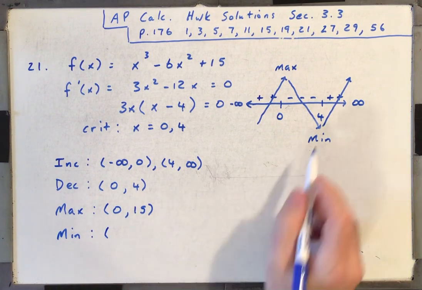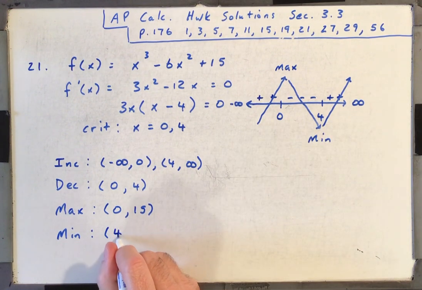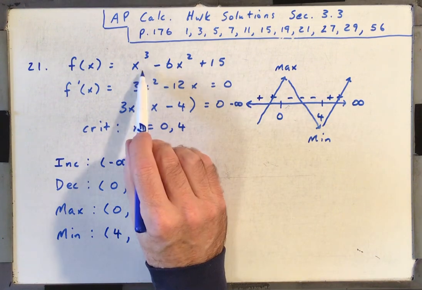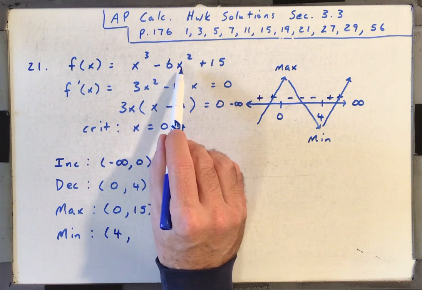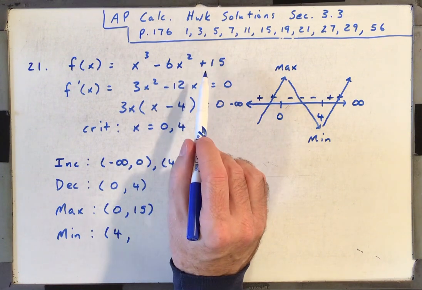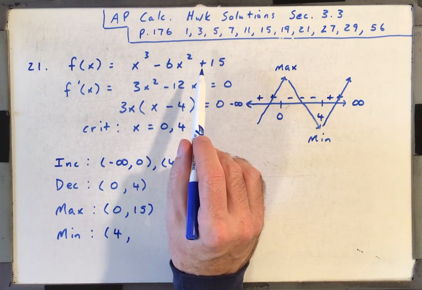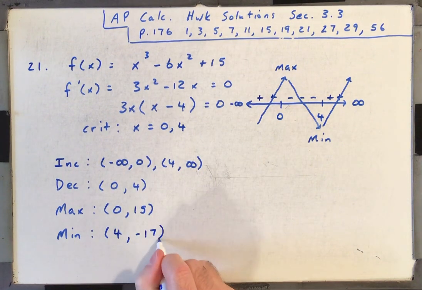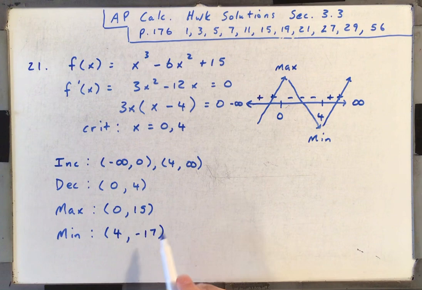And then we have a min at the point 4, and then you plug in 4, 4 cubed 64, minus 6 times 16 plus 15. You know, your calculator's your friend if you want, but it would be -17. And that answer makes sense because 15 is greater than -17.